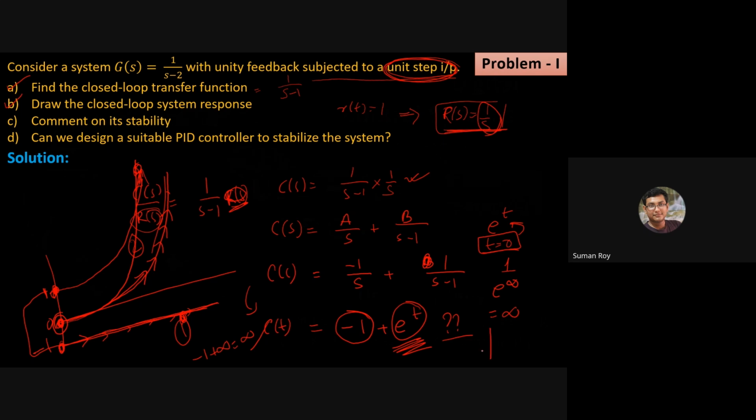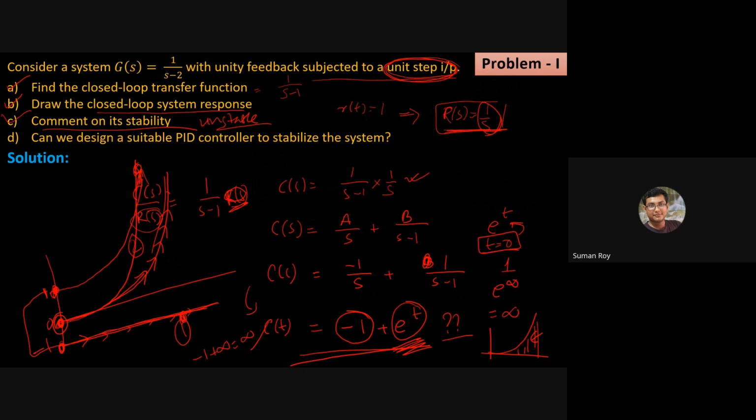Since the output looks like this one, of course this is the actual closed loop system response. Comment on its stability. By seeing this figure, you can easily comment that it is a totally unstable system. Why? Because there is no bounded output. There is unbounded output, so that means it is an unstable system.